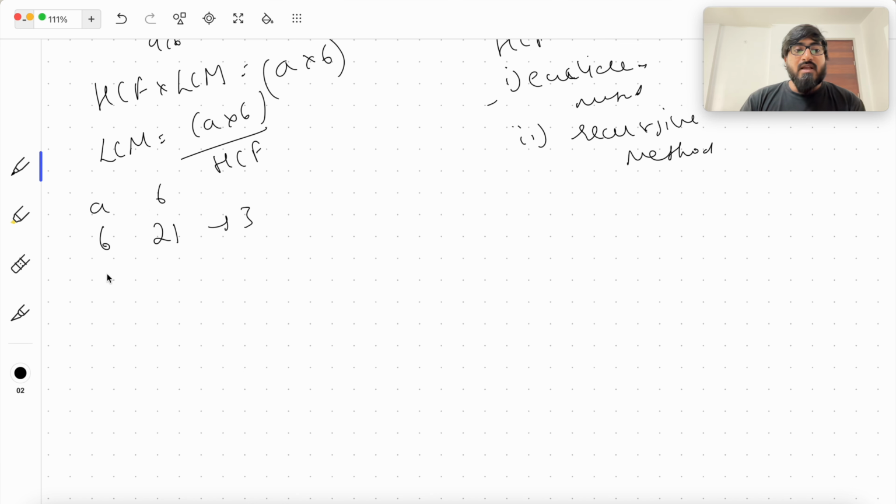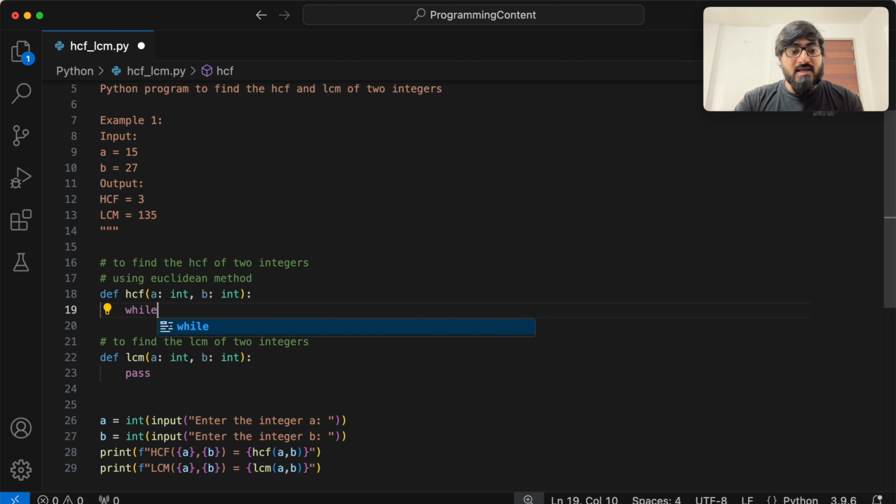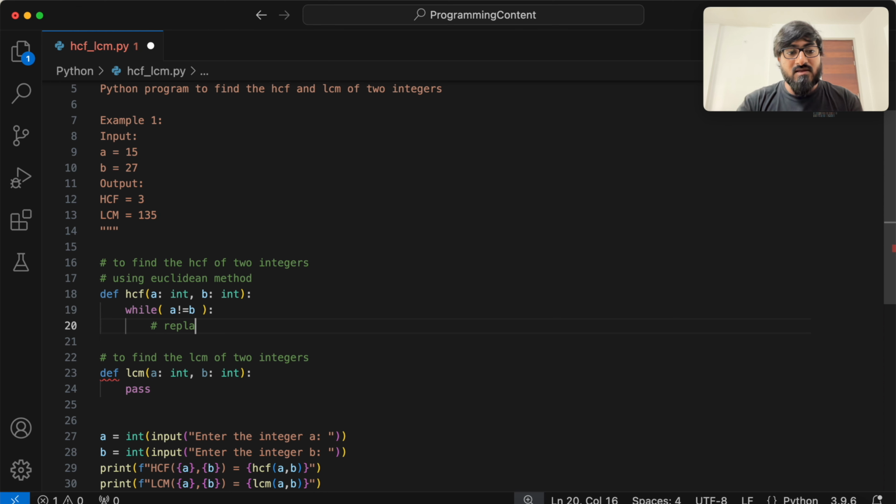So coding this, I will go back to my code. I'll say using Euclidean method. The idea is, as long as a is not equal to b, replace the larger one by the difference of the two.